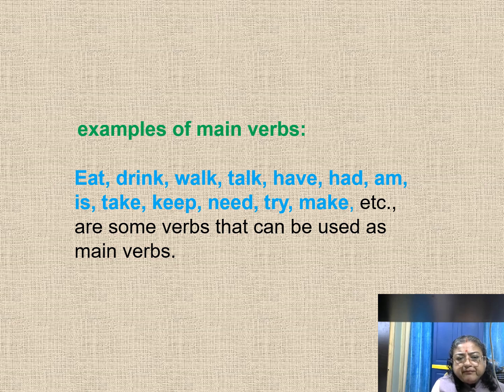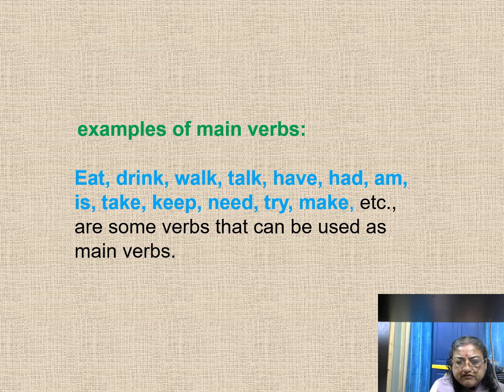He's a boy. So in this way you can use this state of being and action in a sentence without any help of other verbs. So that's why it is called main verb. Take, keep, need, try, make, etc. There are so many examples, but I don't want to show so many, otherwise you will get confused.